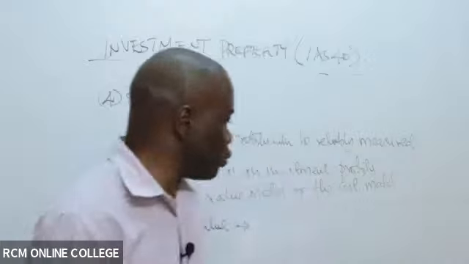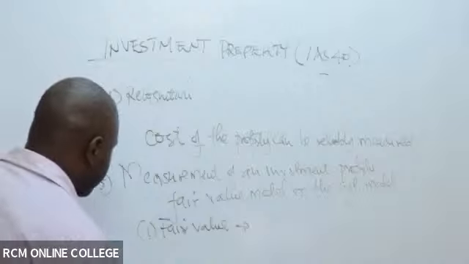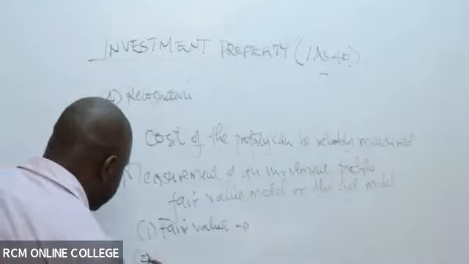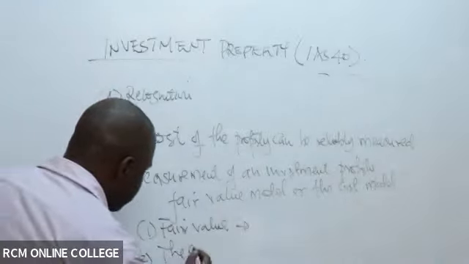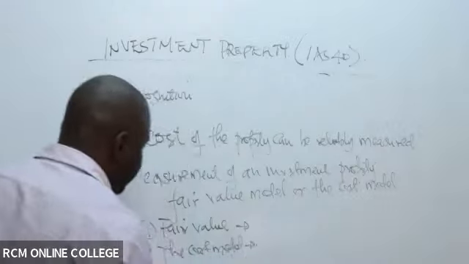Then number 2, we're talking about the cost model. So number 2, under the measurement, the cost model. How do you deal with it under the cost model?